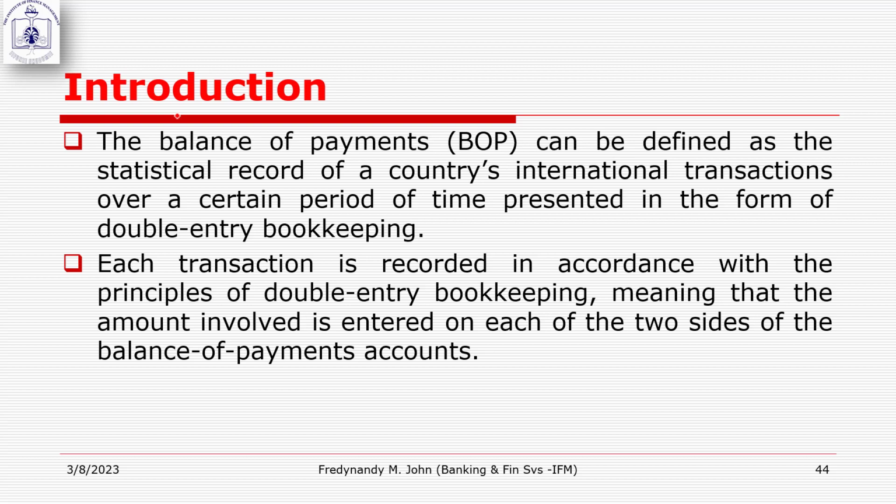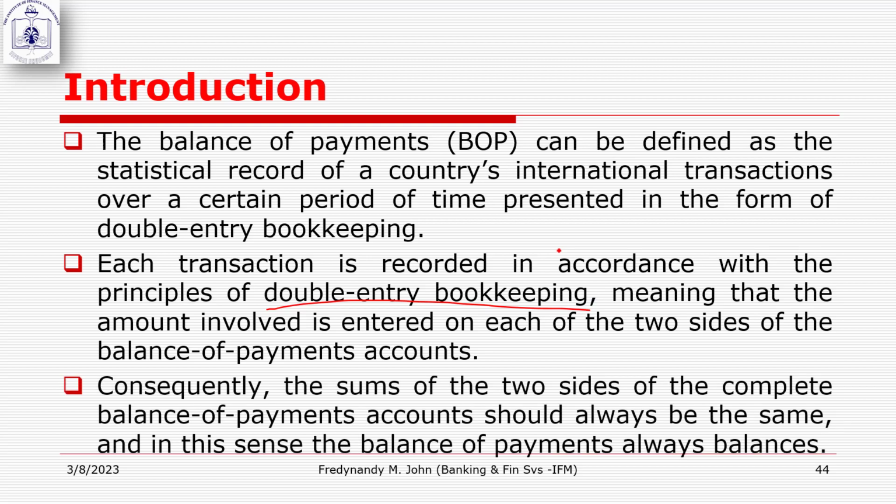That is to say, each debit transaction needs to have a corresponding credit transaction. Simply said, a double-entry bookkeeping system. Consequently, the sum of the two sides of the complete balance of payment accounts should always be the same, in a sense that the balance of payments needs to balance always.